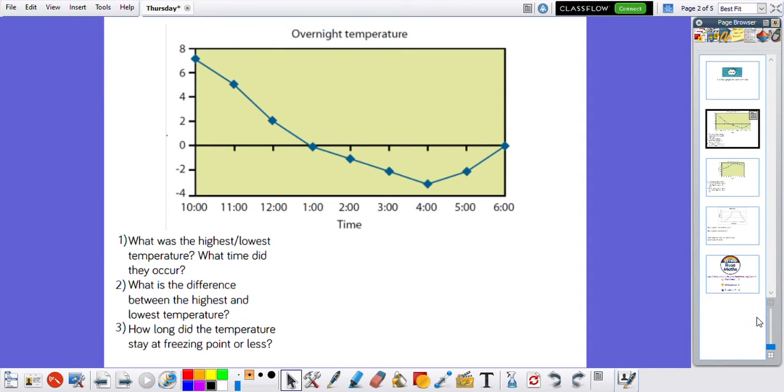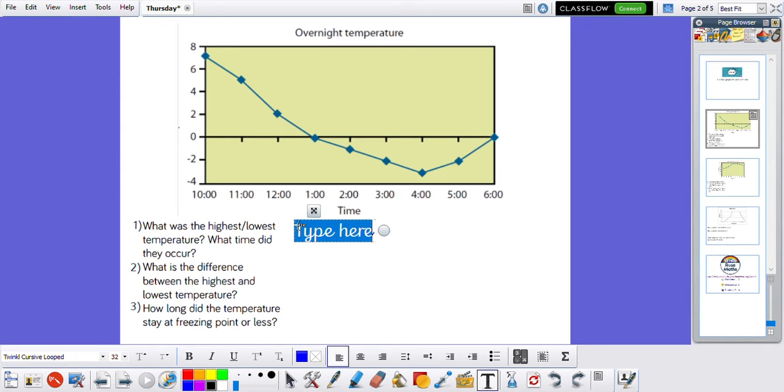Okay. So the first question asks us, what was the highest temperature, what was the lowest temperature, and what time did they occur? So let's start with the highest temperature. I can see that the highest temperature is when the data line is at the highest point, because that's what my y-axis is showing.